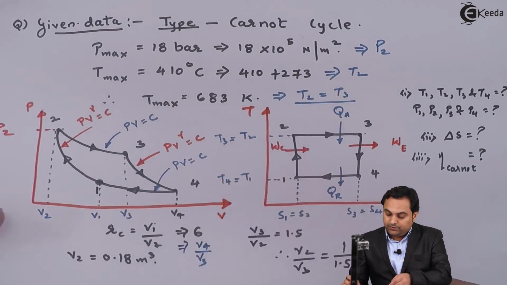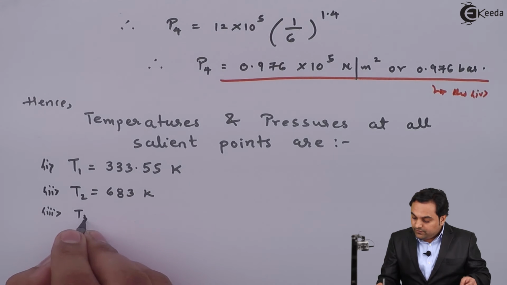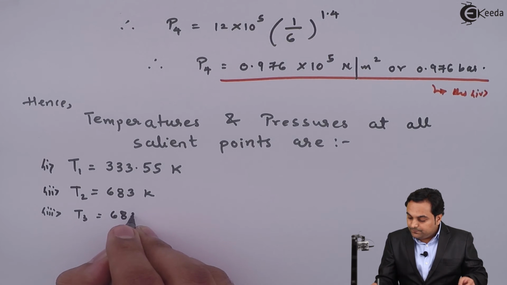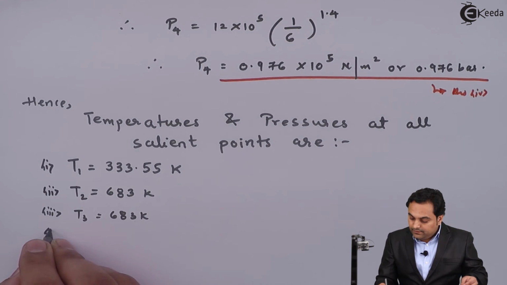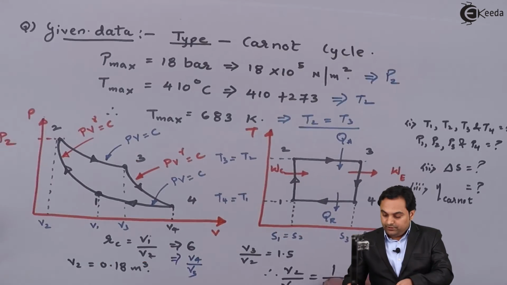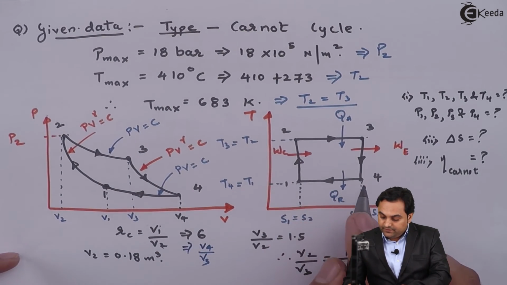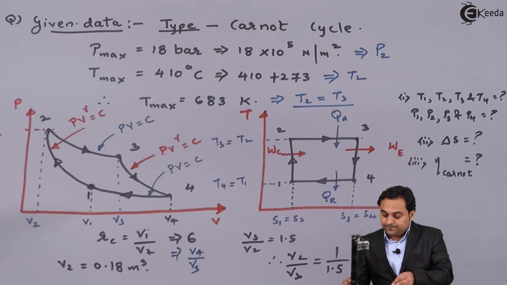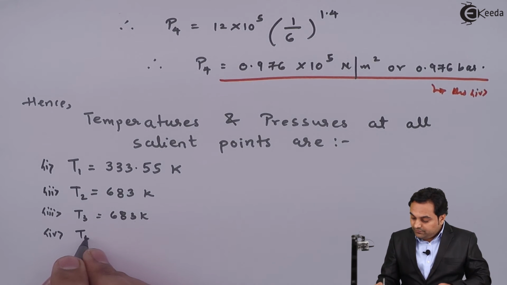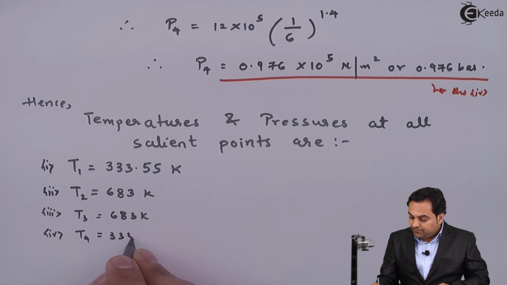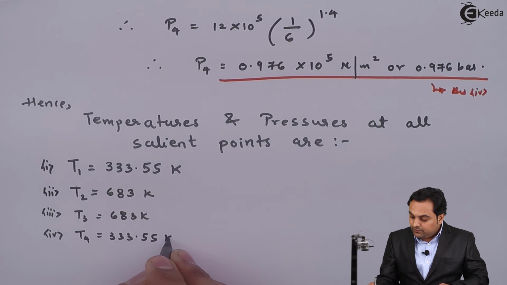So T2 is equal to T3, and T3 is also 683 Kelvin. And T1 was equal to T4, as we can see here. Heat is rejected at constant temperature. So T1 is equal to T4, which is 333.55 Kelvin.